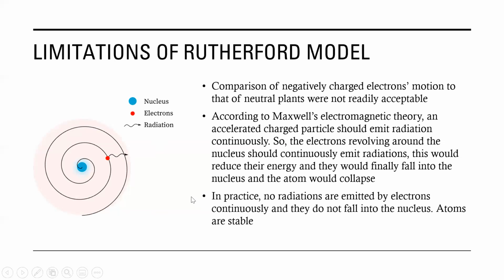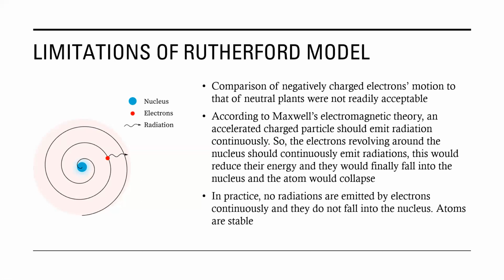So according to Maxwell's electromagnetic theory, since the electron is an accelerated charged particle, it should emit electromagnetic radiation continuously. So the electrons revolving around the nucleus should continuously emit radiations, which means that they will continuously lose energy.